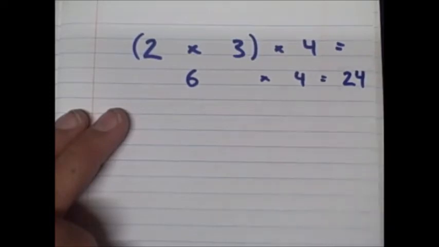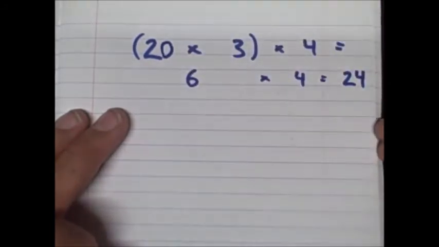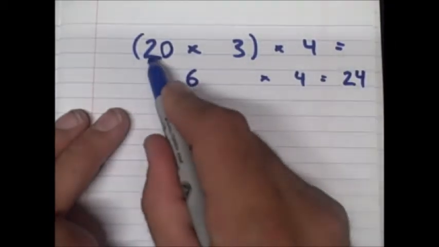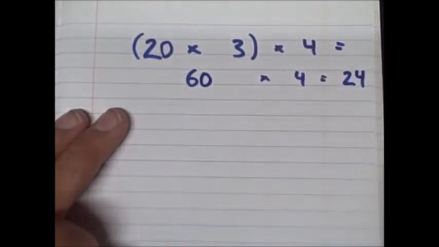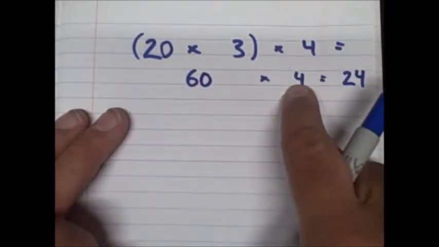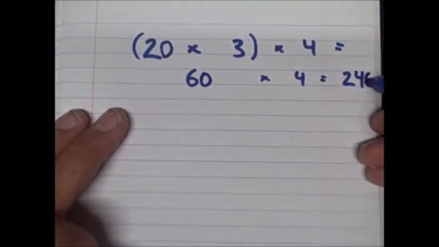Now you could take that to the new level by going back and saying 20 times 3 times 4. So obviously this time 20 times 3 is 60, and 60 times 4 is not 24, but 240.